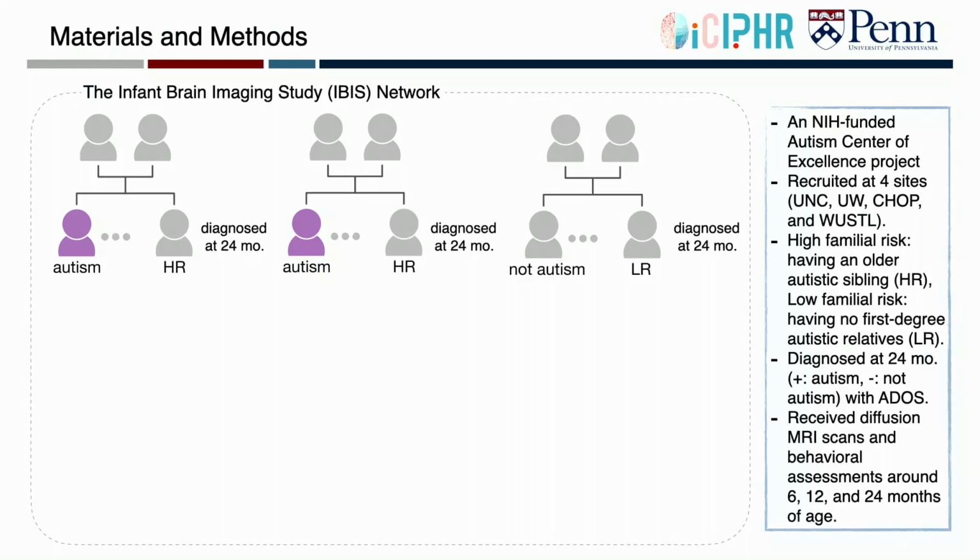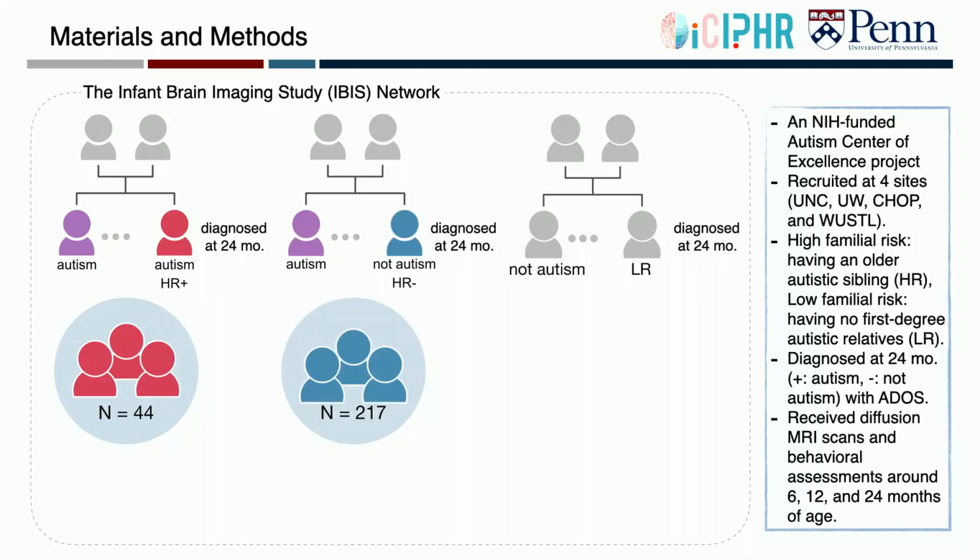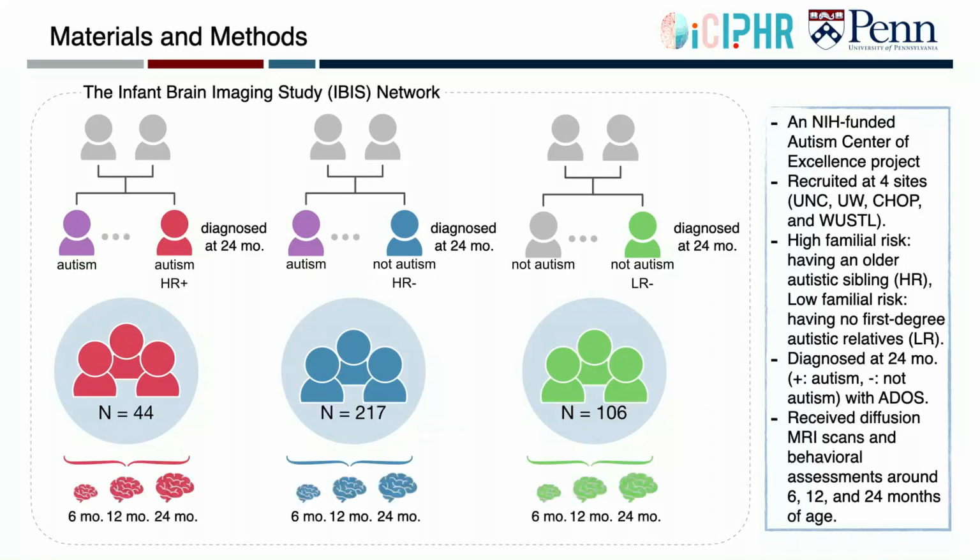At 24 months of age, they received an ADOS evaluation to determine whether they were diagnosed with autism. This defined 44 HR-positive subjects, 217 HR-negative subjects, and 106 LR-negative subjects. These subjects received diffusion MRI scans and also behavioral assessments around 6, 12, and 24 months of age.